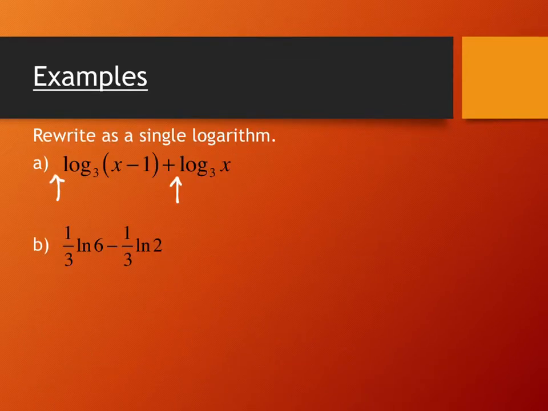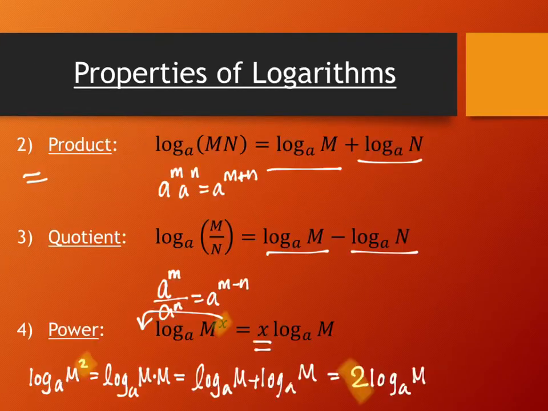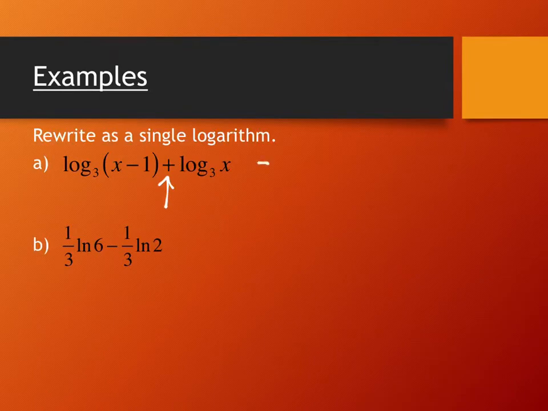So what I do have instead, I've checked that, is addition. Addition of logs means that I'm on the right-hand side of property number 2. So I can take something that's written out as addition and mush it back together, making multiplication inside of the log. So I take my log 3 and I write it simply one time. And then the interiors of the logs, what's inside of them, x minus 1 and x, get multiplied together.